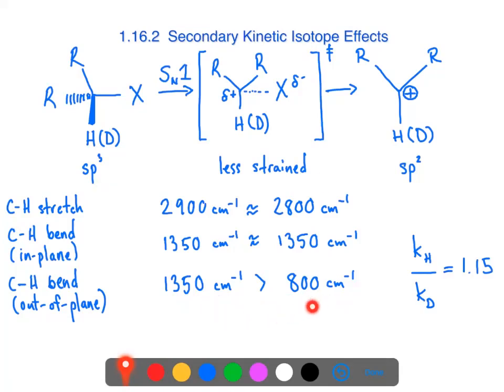So it's this difference in frequency that will be magnified when we replace the hydrogen with the deuterium atom. And so the CH bend and the CD bend, these out-of-plane bends, will vary significantly during the course of this reaction. And as a result, we will observe a secondary kinetic isotope effect of approximately 1.15.